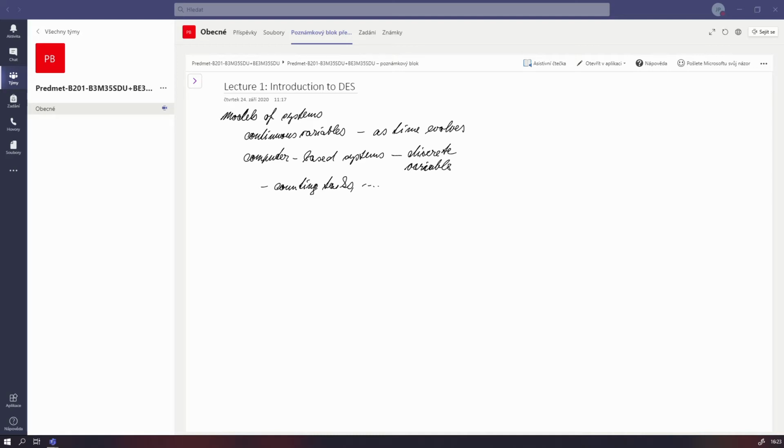Such processes are usually driven by events.